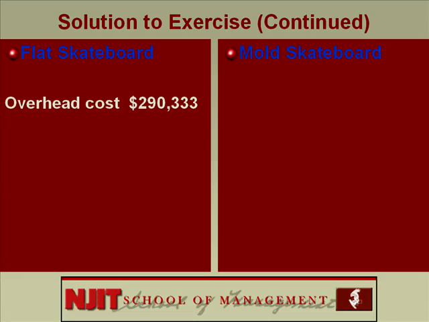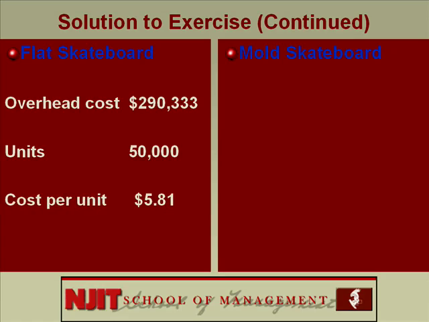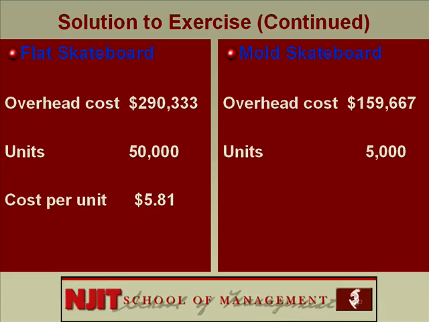Overhead cost $290,333 from our chart. We're making 50,000 units, so the overhead cost per unit is $5.81. Mold, overhead costs $159,667. We said you're making 5,000 mold, so the cost per unit is $31.93.